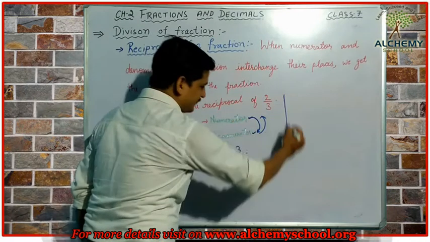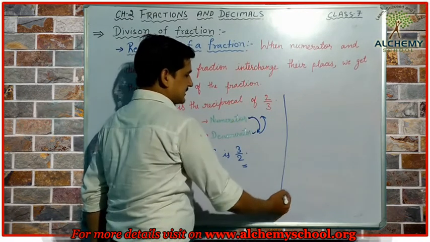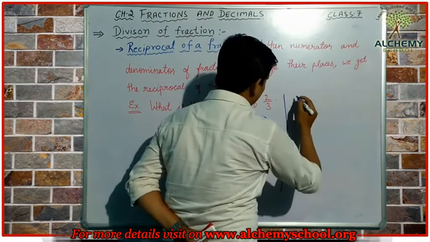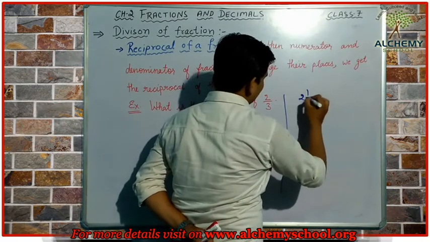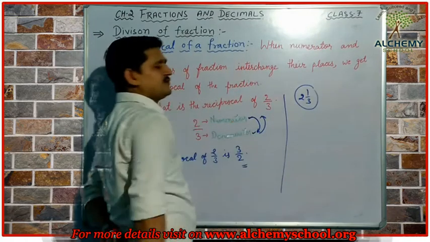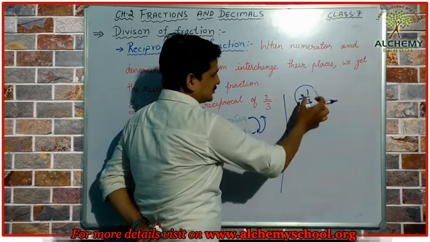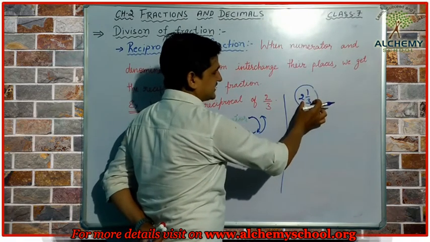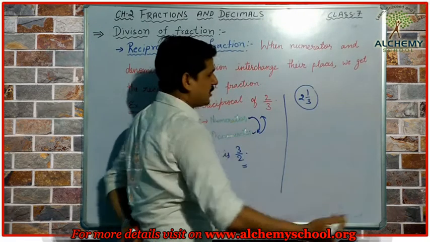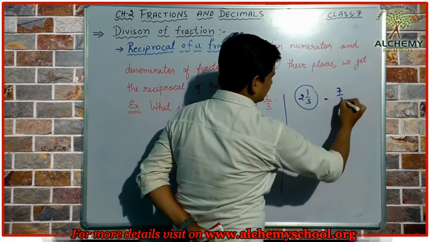Suppose we have a mixed fraction, 2 1 upon 3, and it is asking us to find the reciprocal of this fraction. How can we find it? First we will convert this fraction into improper form. We can write 3 2s are 6, and 1, 7 upon 3.